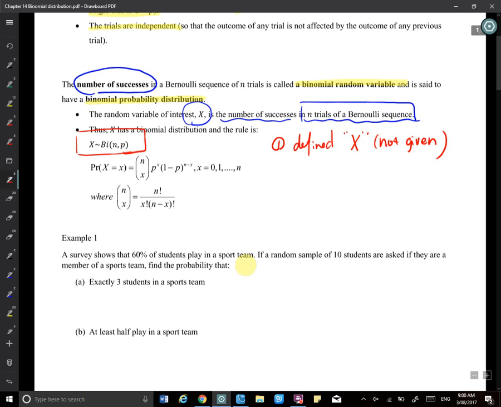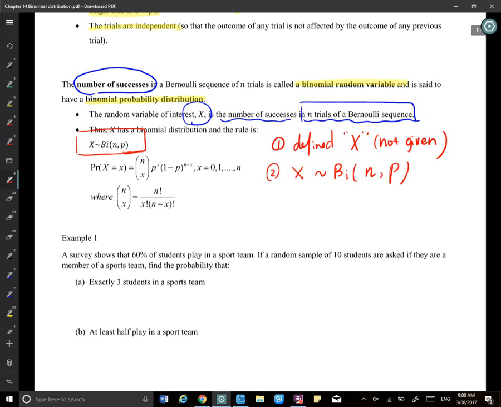The next thing you will do is identify that x is a binomial distribution, with how many trials you have done and what the success rate is for all of those trials. First, define the variable, which is x or y or n, whatever you like.